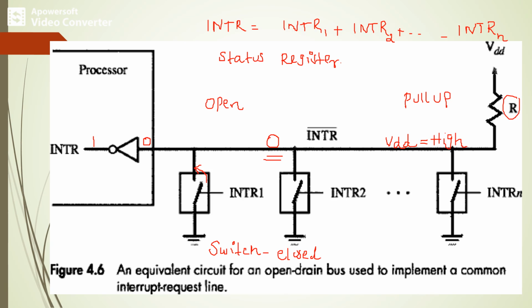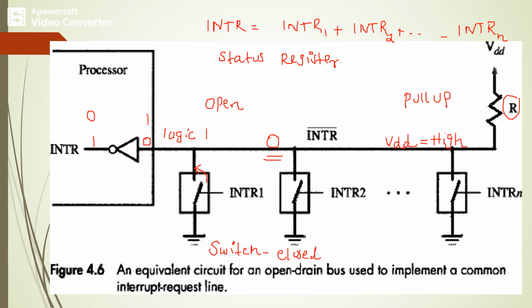Since the voltage across the single interrupt request line is high, I can take it as logic 1. High means logic 1. So if the input given to the NOT gate is 1, the output will be 0. That means not even a single I/O device has placed its request on the single interrupt request line.